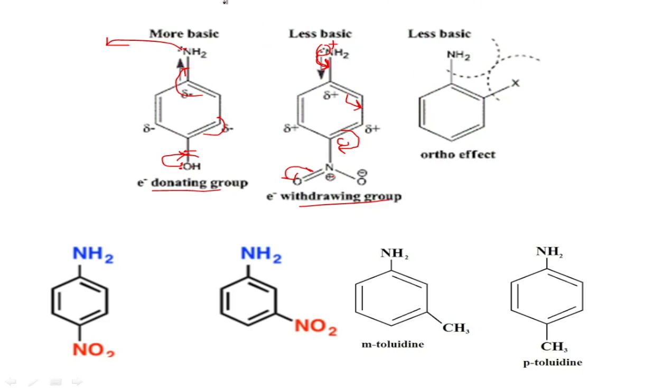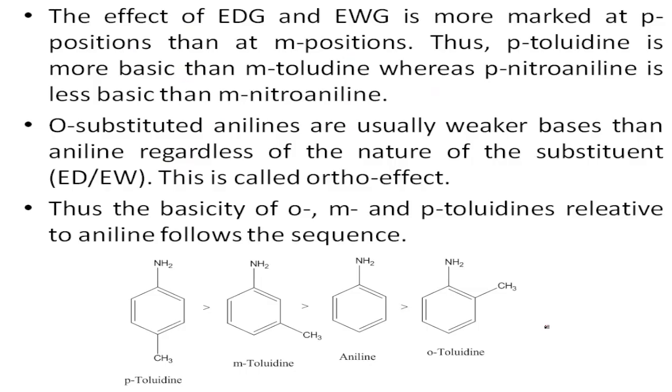Number 3, now this is the ortho effect. Then we have NO2, NH2, at para position and at meta position. The CH3 is at meta position, CH3 is at para position. Explanation: the effect of an electron donating group and an electron withdrawing group is more marked at para position than at meta position.